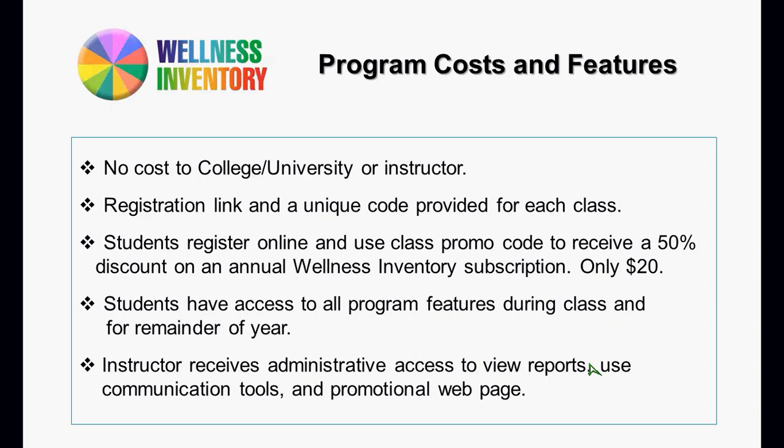And they have access to all the program features during class and also for the remainder of the year so they can keep using the program after the class is over. And the instructor receives administrative access to view reports, use communication tools, and also a promotional web page just to introduce the students to the program.